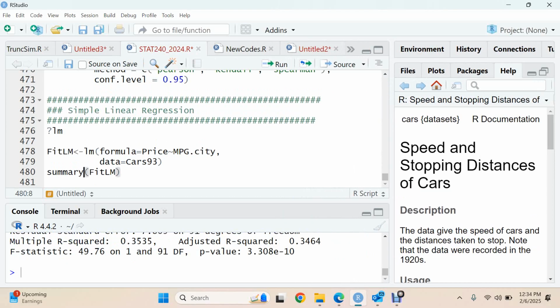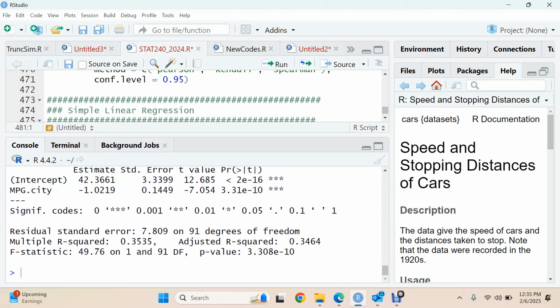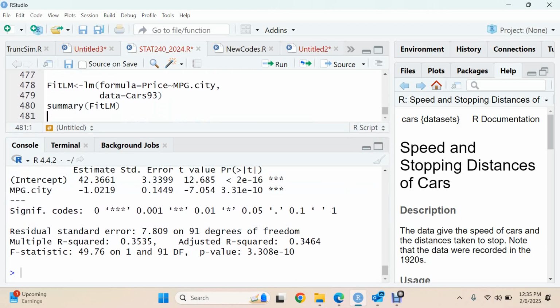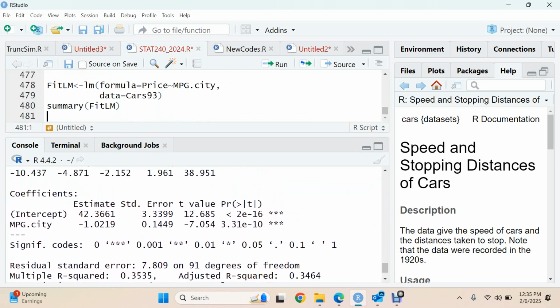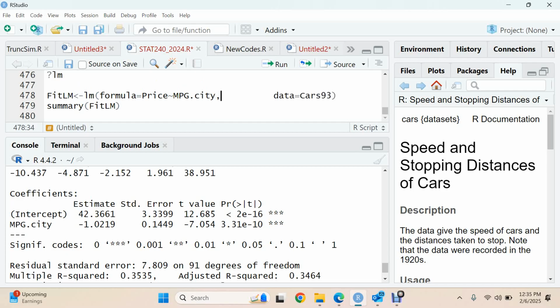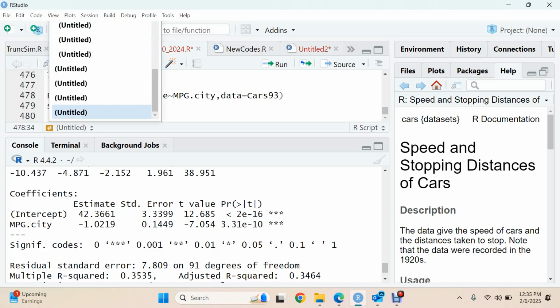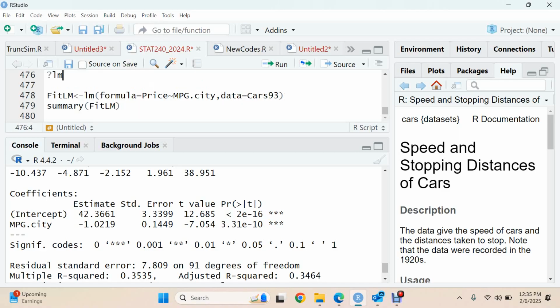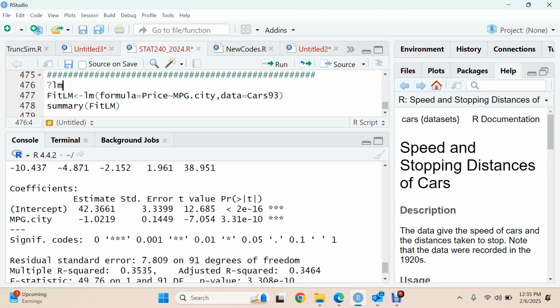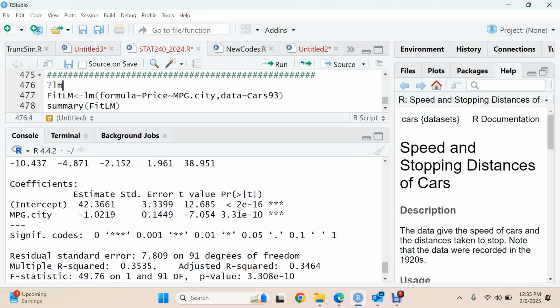So let's all do this and get a summary, and then please pay attention as I try to explain. So that's a simple linear regression.